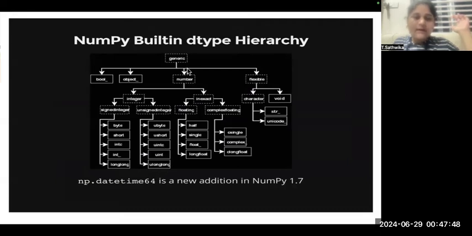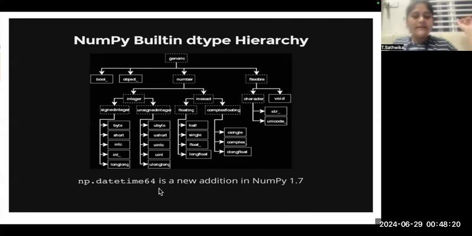Further, the number is classified into inexact, that is floating and complex floating. Floating is further classified into half, single float, and long float, whereas complex floating is classified into csingle, complex, and clongfloat. Now the flexible is classified into character and void, whereas character is classified into string and Unicode.